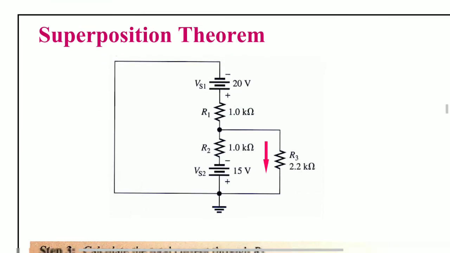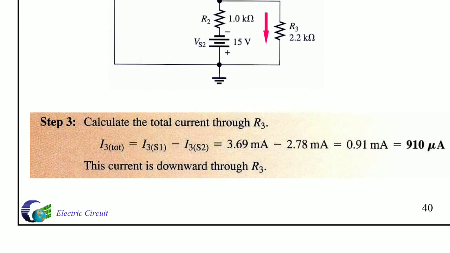Now next is to calculate the total current through R3. The currents in R3 are in two opposite directions, so I3 total is I3 of S1 minus I3 of S2.